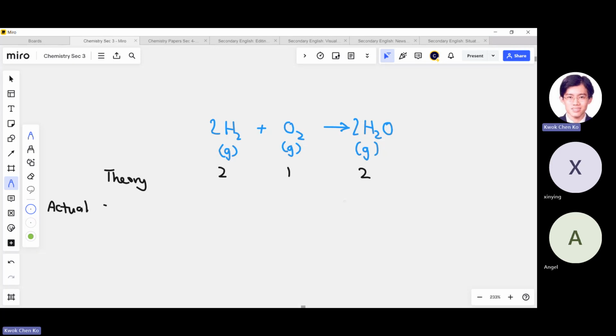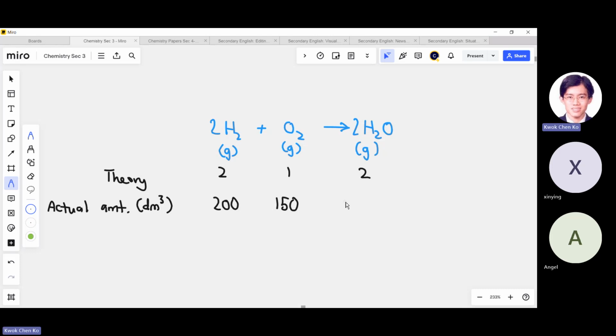I give you the actual amounts in dm³. I give you 200 dm³ of H2 and I give you 150 dm³ of O2.